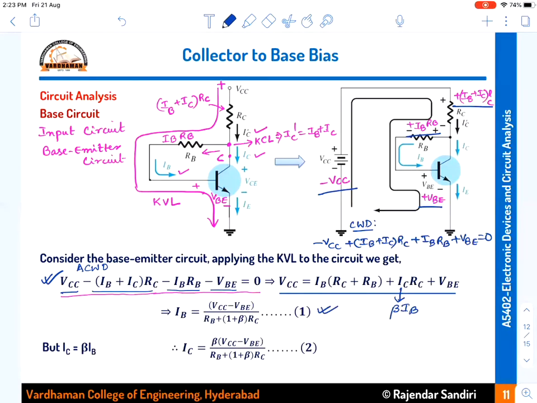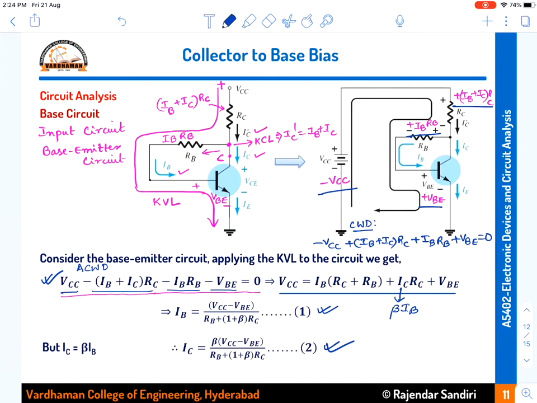Or you can even calculate IC directly by writing IB is equal to IC by beta. IB and IC both terms are there. We have to convert it into any one of the terms, either IB or IC. Then you will get equation number 1 and equation number 2. The relationship between IB and IC you already know: IC is equal to beta IB, or IB is equal to IC by beta. If you substitute, then you will get either IB or IC, both equations.